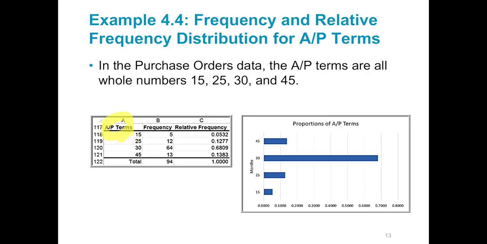And here, all we need to do is use COUNTIF 4 times to find the frequency, divided by n, the total, which is 94, and then we have the relative frequency distribution. And the bar chart makes it clear immediately that the 30-year term dominates. Most orders use it. And that's a visual insight that would take longer to extract from just scanning the raw data.